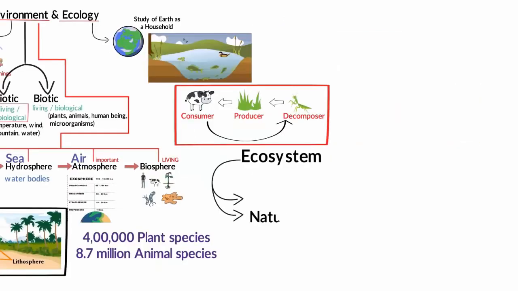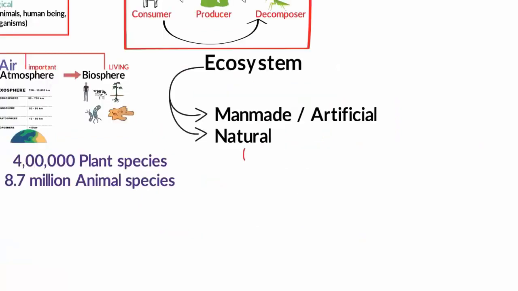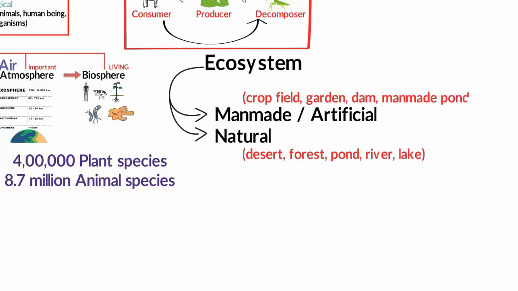Now, ecosystems can be both natural and man-made. So examples of natural ecosystems are desert, forest, or any aquatic place like a pond, river, or lake. And examples of man-made ecosystem can be crop fields or gardens, then aquariums, dams, and man-made ponds.